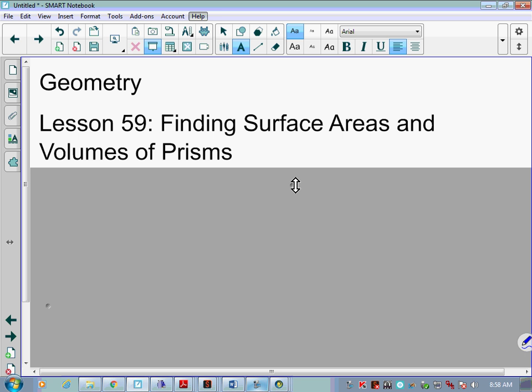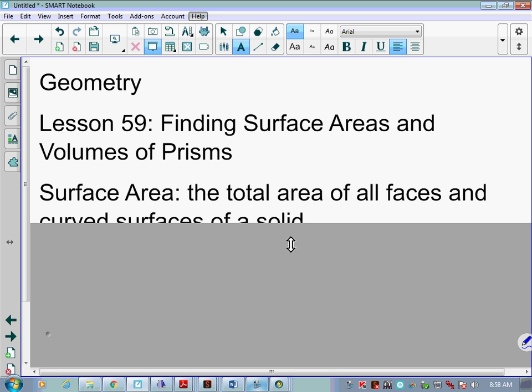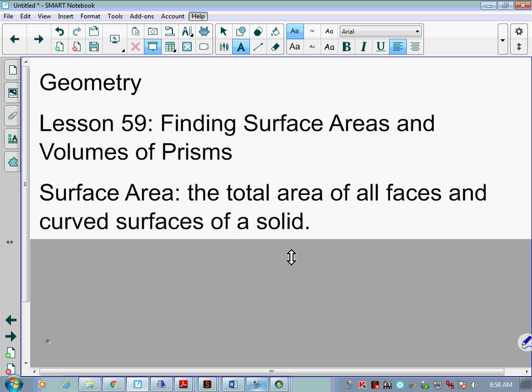The first thing we want to do is look at some definitions. First off is surface area. Surface area is the total area of all faces and curved surfaces of a solid. So it's the area of absolutely the entire thing.